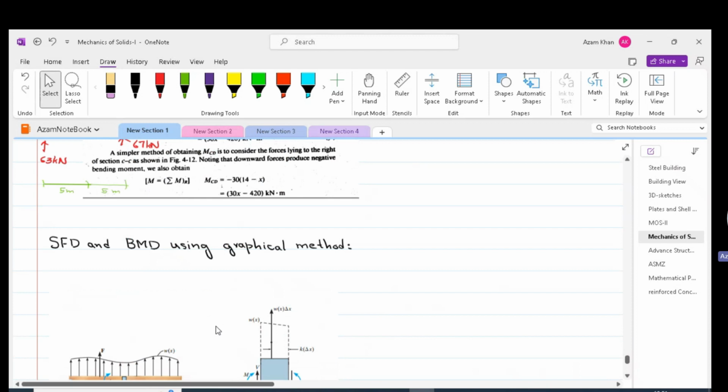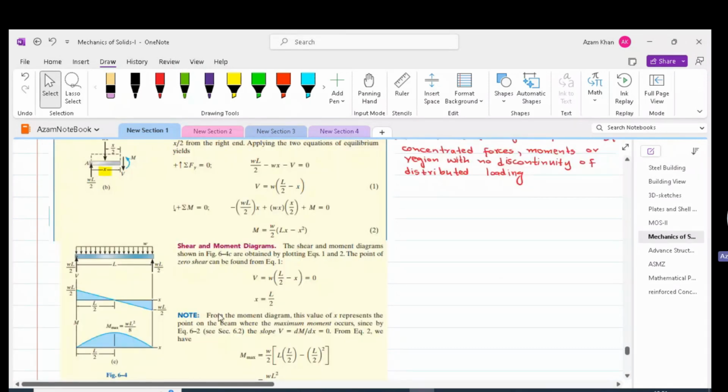We can apply the same concept for a simply supported beam subjected to UDL, so a positive shear. And since the load is 0 degree, the shear variation will be first degree and moment variation will be second degree. Hence, a parabolic curve in case of moment and a straight line having some slope in case of shear.